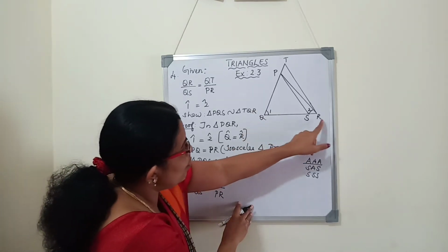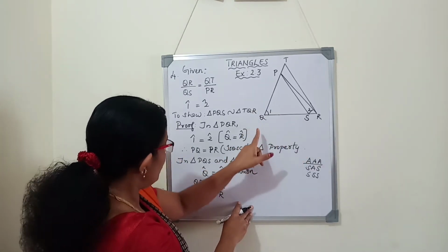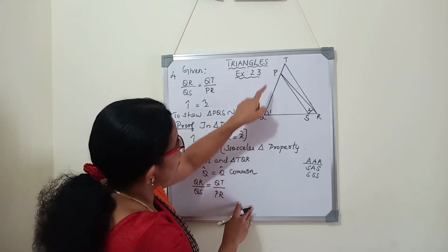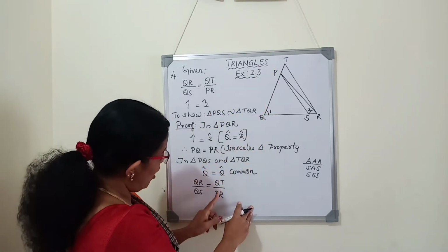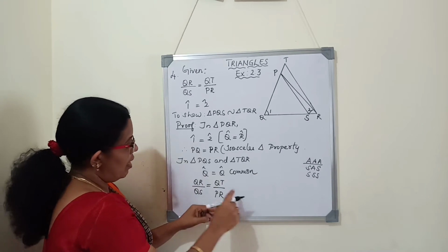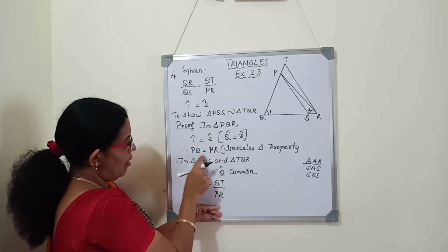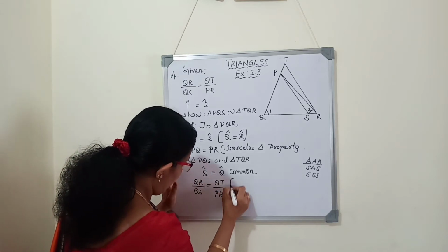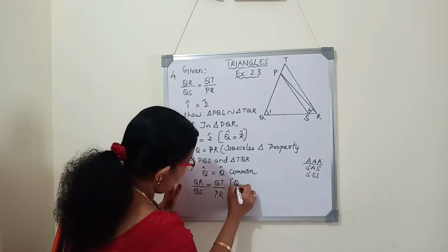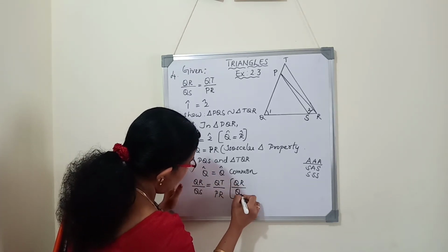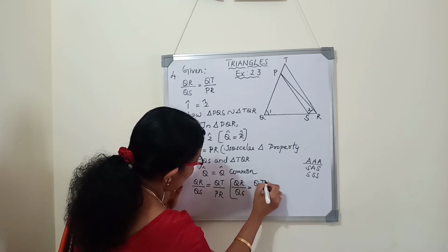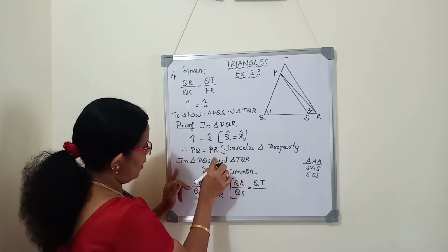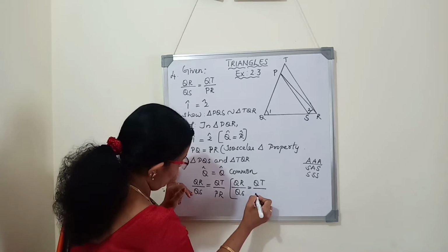When we write QR by QS, we have to write QT by QP. But instead of QP, they have given PR. But we already proved that PR and QP are the same. So we can write here instead of PR, QR by QS is equal to QT by, instead of PR, we can write PQ or QP.